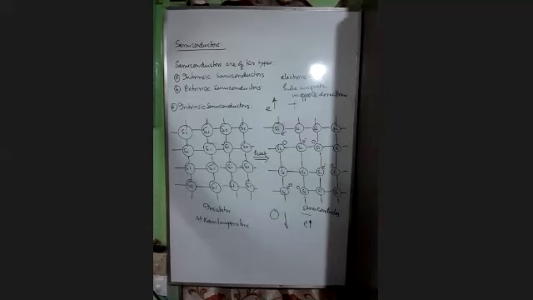Example, silicon and germanium. Silicon and germanium have 4 valence shell electrons. They belong to group 14, and silicon and germanium have the same type of geometry just like diamond.